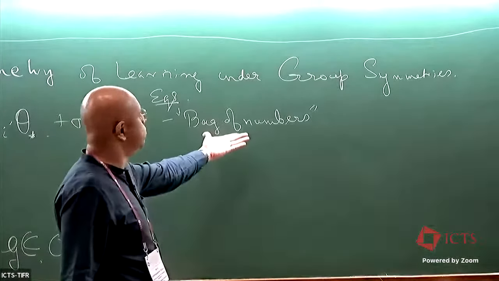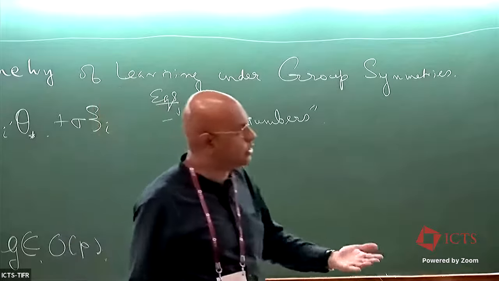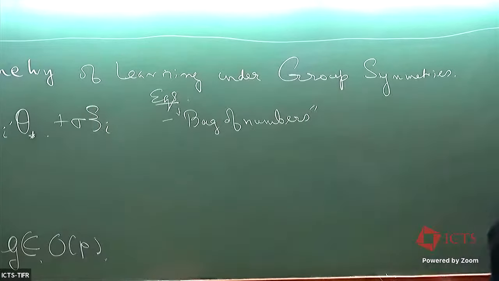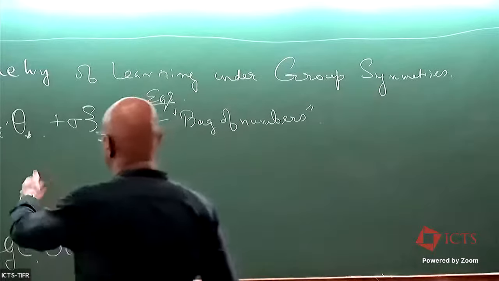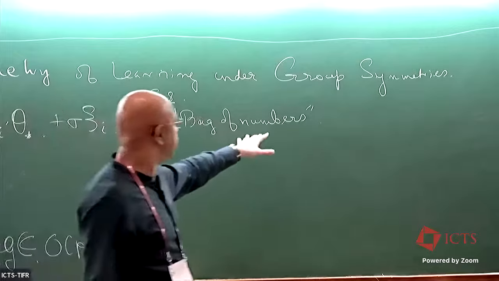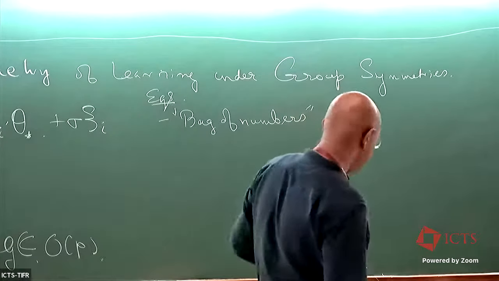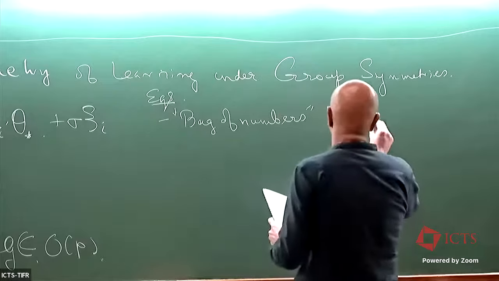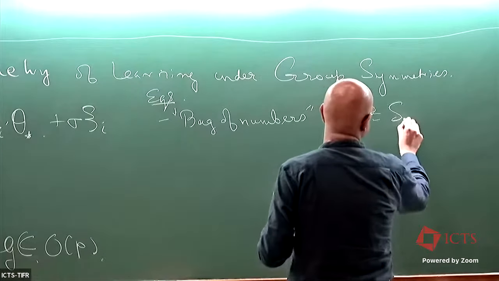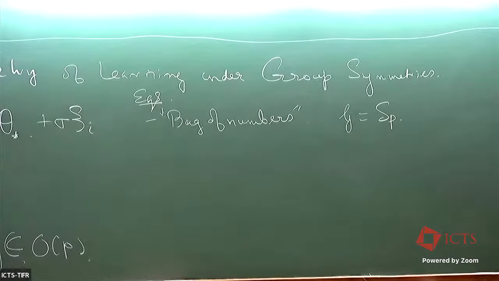We are looking at this bag of numbers as a set, but we are only able to take measurements as a vector, and every time you take measurements, the numbers are permuted in some way. What we are interested in is to find this unordered set of numbers. So there, G is the permutation group on p elements.